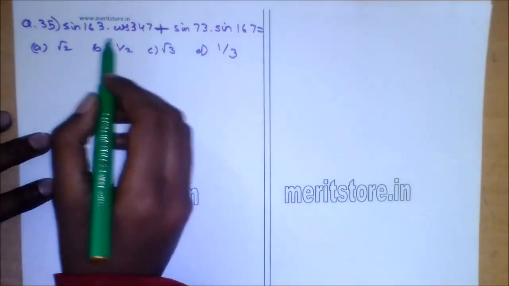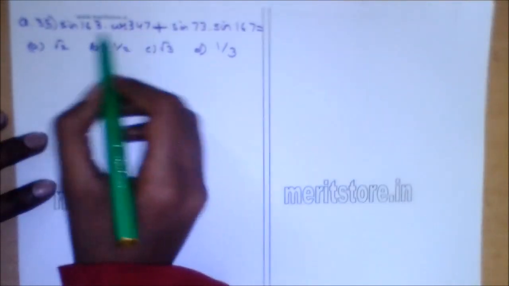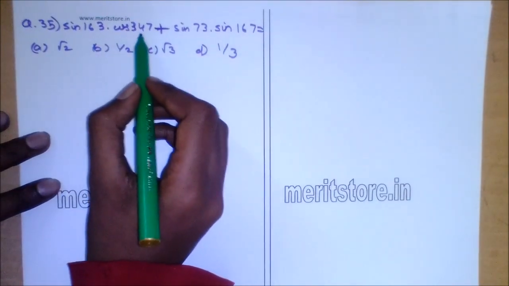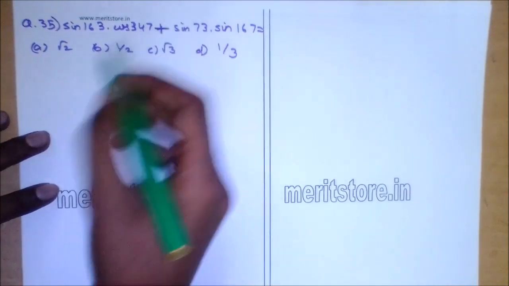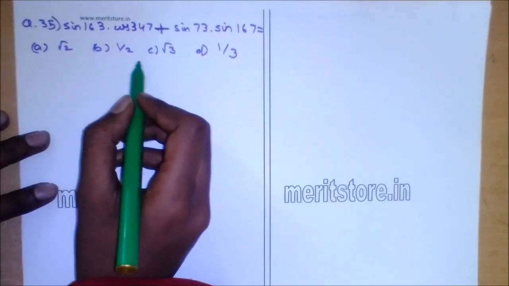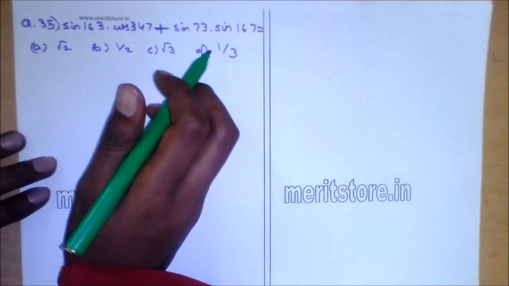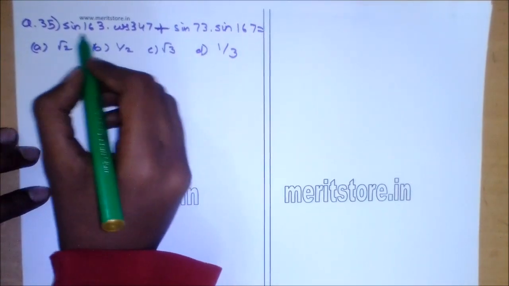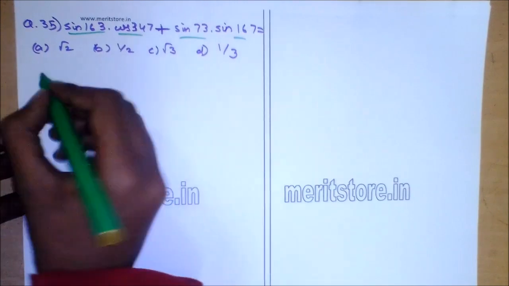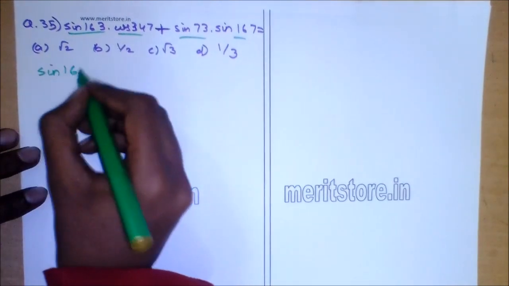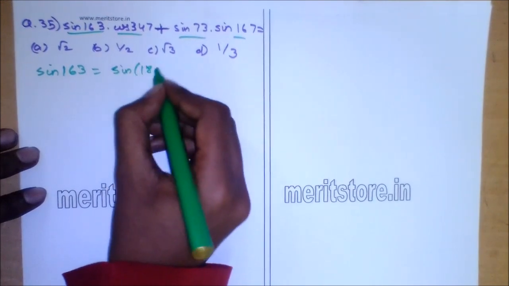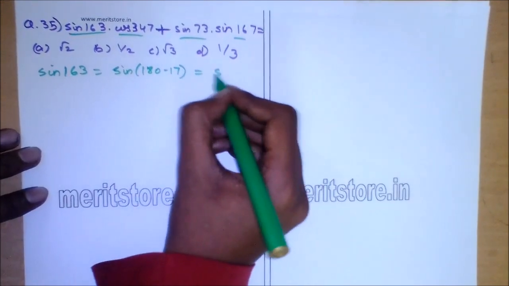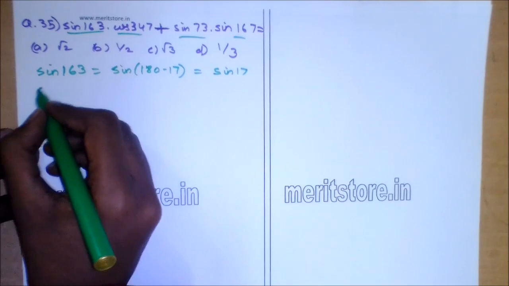In this question we are supposed to evaluate this expression: sin of 163 into cos 347 plus sin 73 into sin 167. The options are root 2, 1 by 2, root 3 and 1 by 3. So first we simplify each and every trigonometric term. Sin of 163 can be written as sin of 180 minus 17, that is equal to sin 17.